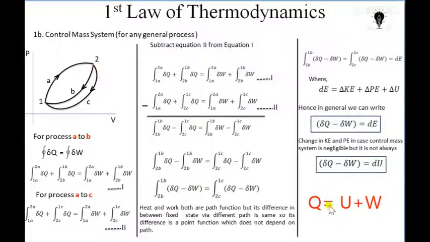So this is the general equation of the first law of thermodynamics, which is applicable to any process. I hope you have understood this. It is very important because on that basis we are going to derive the steady flow energy equation. First of all, make sure you have understood the first law of thermodynamics for any general process. If you feel any difficulty, please do comment in the comment section. Thank you.